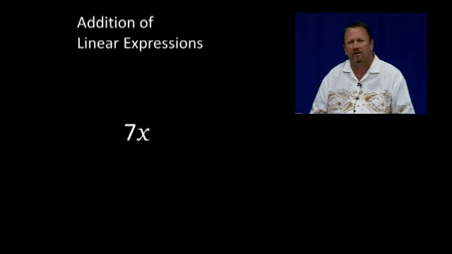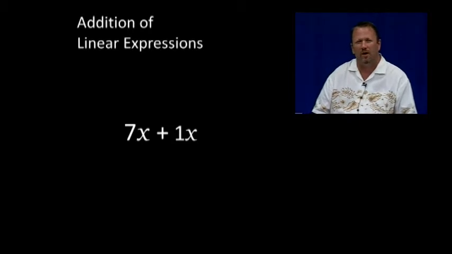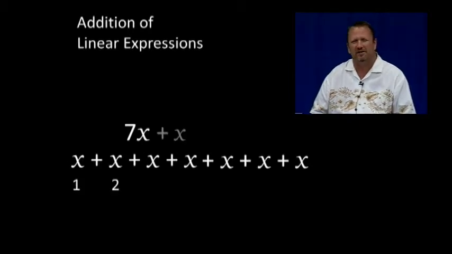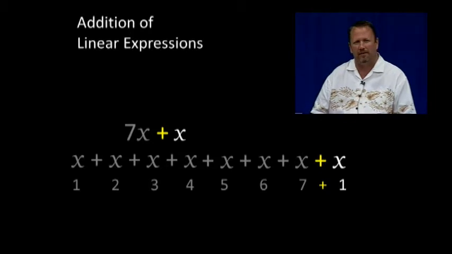So we can take our 7x, or 7 times x, and add x. That's the same thing as 7x plus 1x. Now remember, 7x is the same thing as adding x together 7 times. And to that, we add x 1 more time.